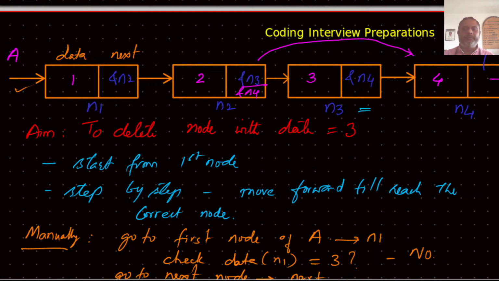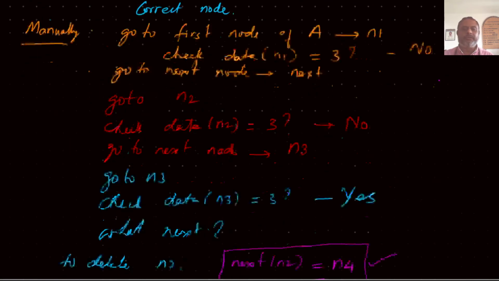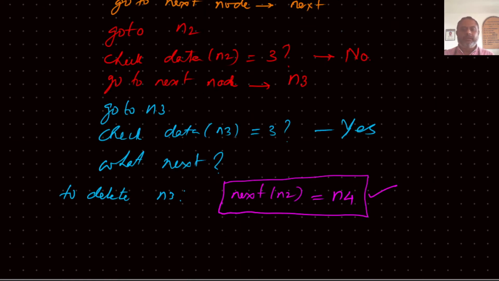So is it that simple? Of course not. Why? How did you know that N2 comes before N3?